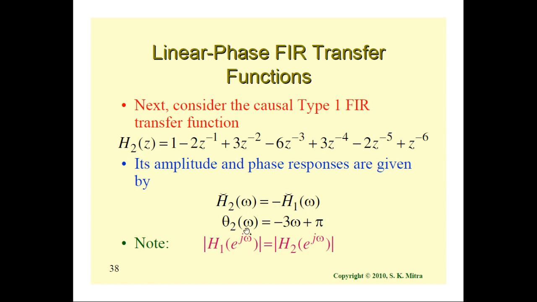The related phase function in this case, theta 2 of omega, is minus 3 omega plus pi, and this pi appears because of the presence of a minus sign in the amplitude response, because a minus sign can be written as e power j pi, and Euler identity permits us to write it as cos pi plus j sin pi, which is always equal to minus 1. The magnitude responses of both the filters, that is, if we take the absolute value of the amplitude response on both sides, are the same.